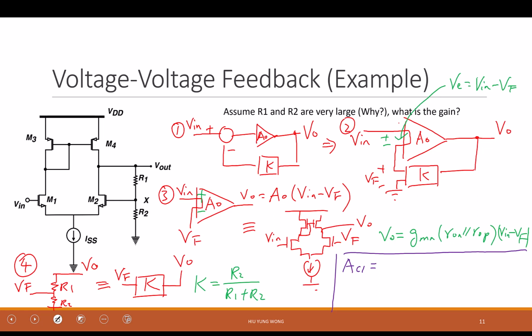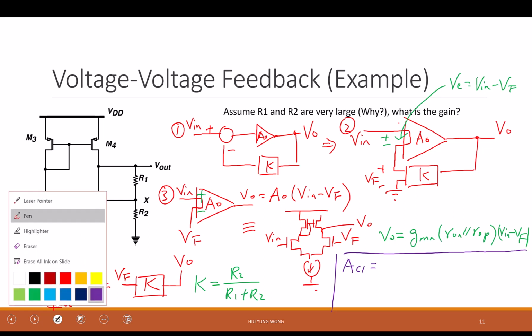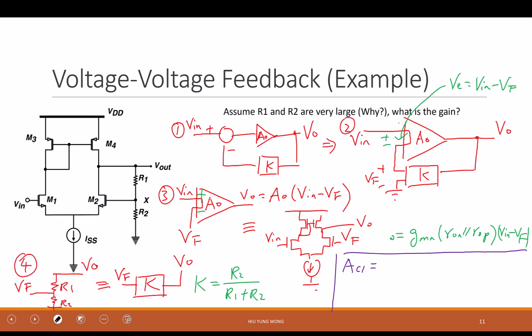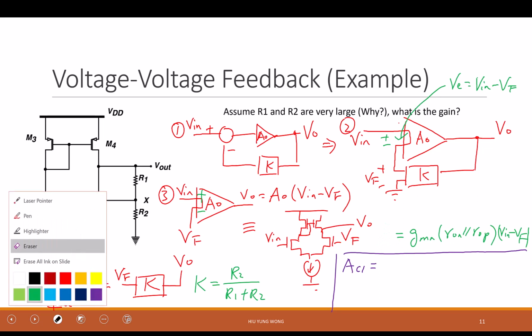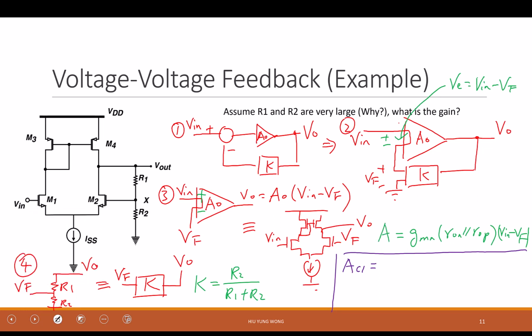Why do you say VO? Oh, you say VO because I have a typo. I labeled it, yes. Why did you not say that I'm wrong? Should be what? AO, right? So I keep thinking why you say VO. But it's not my mistake, it's your mistake to follow the mistake.